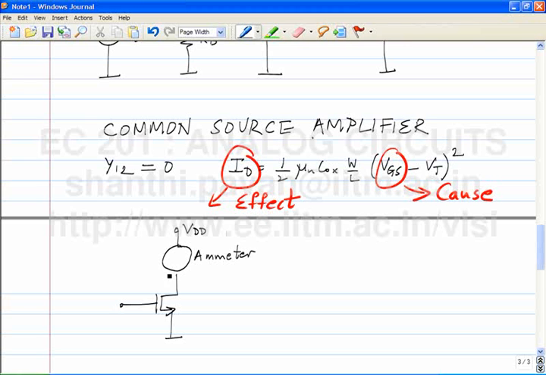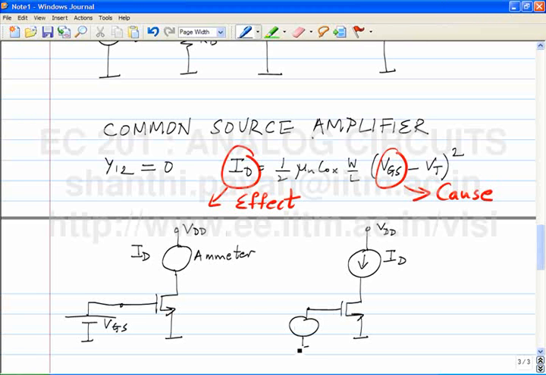Let's assume VDD is sufficiently high, and let's say I put some VGS1 here. The ammeter will read some current ID. Now, if I took a current source of value ID and put a voltmeter here, what do you think the voltmeter will read? Do people understand the question?